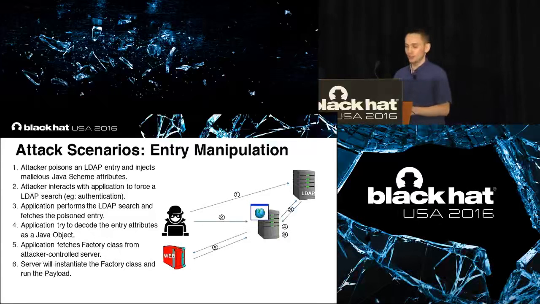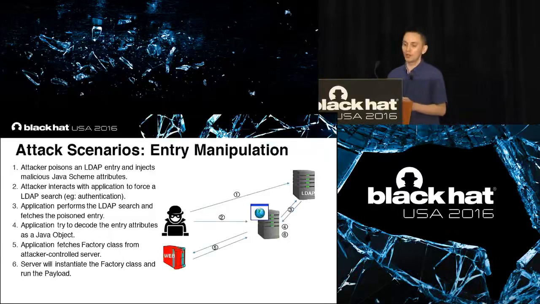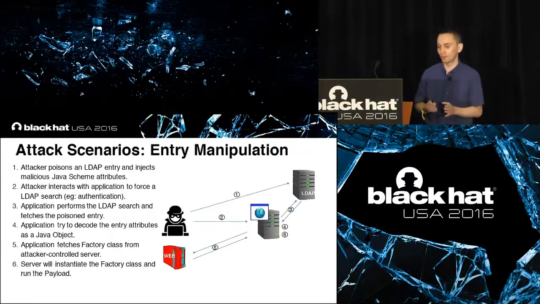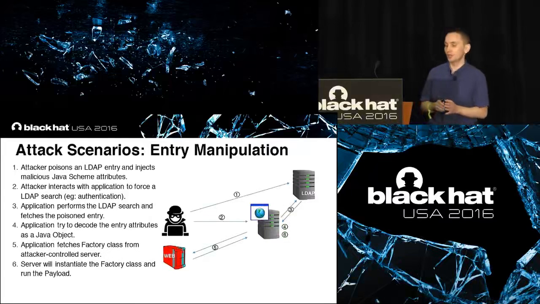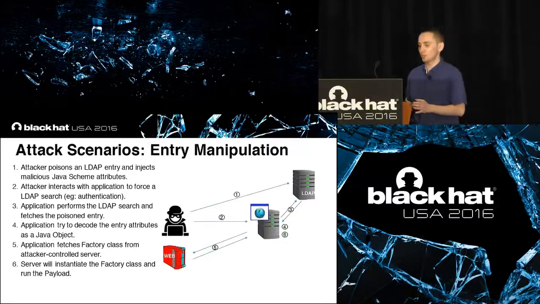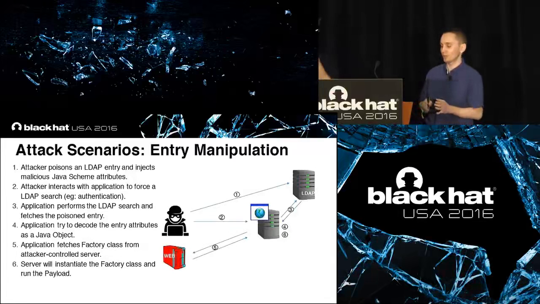The application tries to decode this entry and will fetch the factory class from our server. And after receiving this class, the target application will execute Java code from the constructor of the factory class.